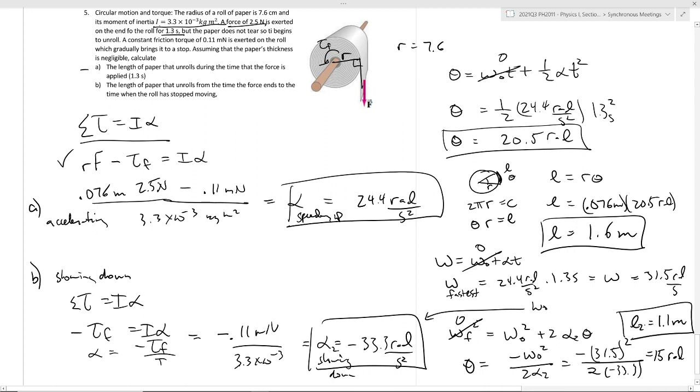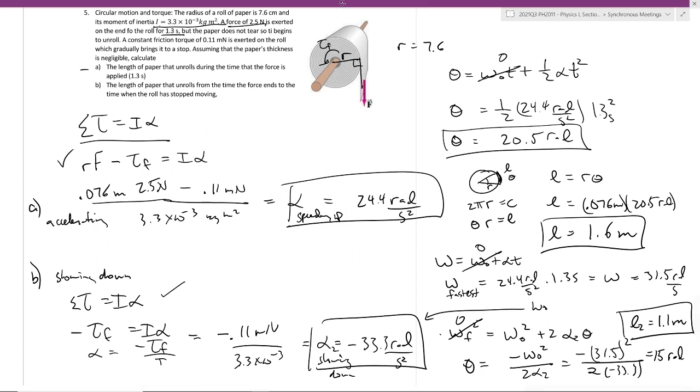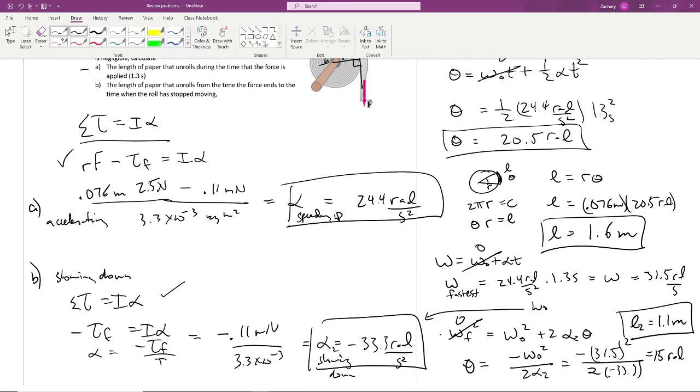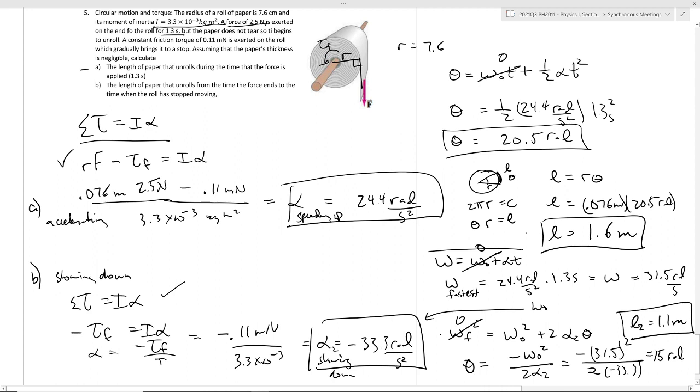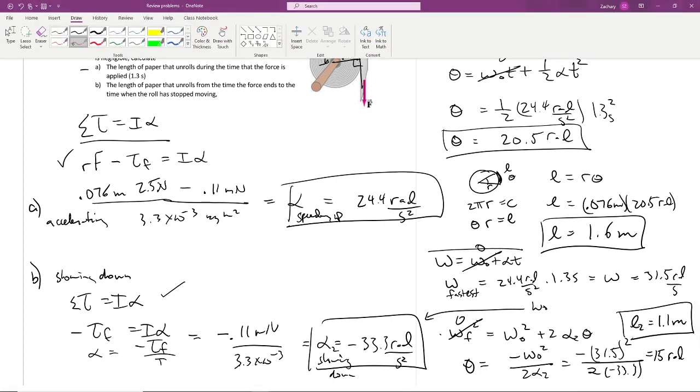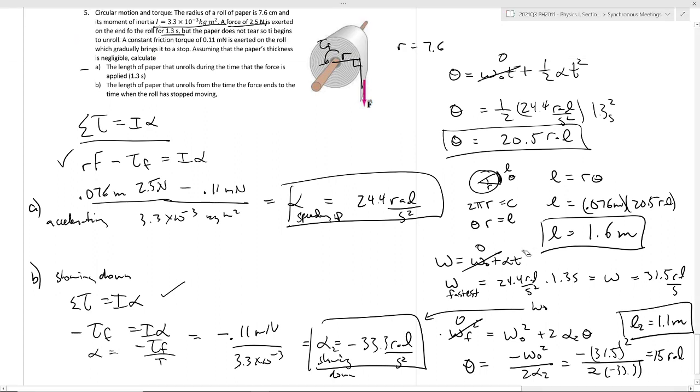So, yeah, fairly complicated question. It's allowing us to exercise our summing the torque to find alpha, but also our various kinematics expressions for rotational motion, which, let me flag them here. Select the color, to flag the different components that we use.